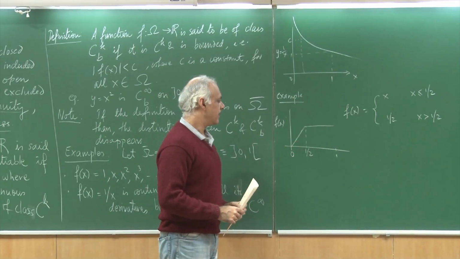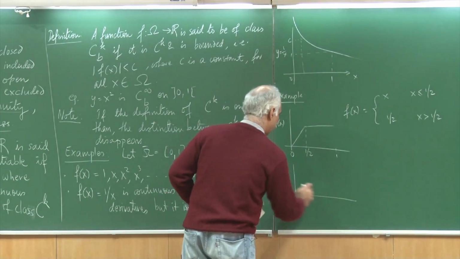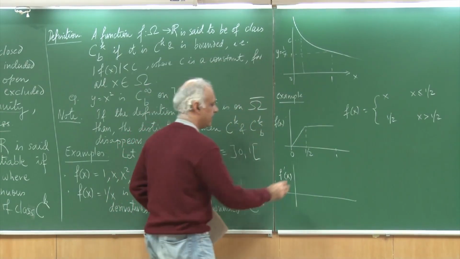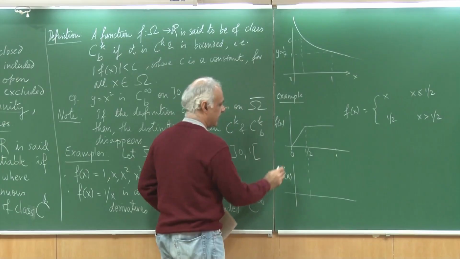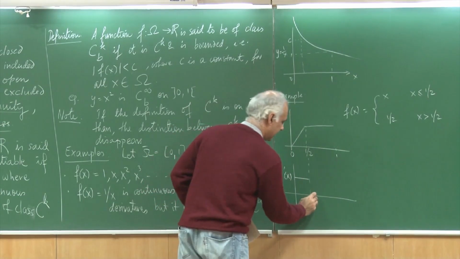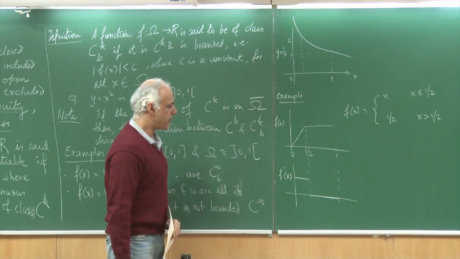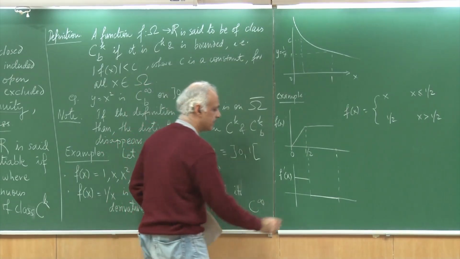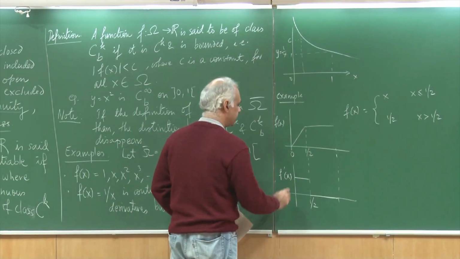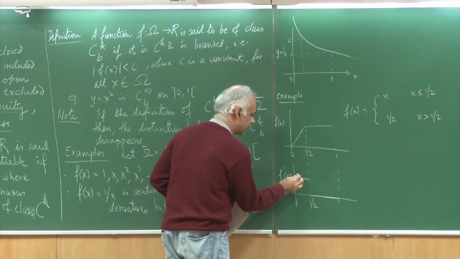Now let's look at f prime x. If I try to draw f prime x, then you will notice that from here to here I have a positive value, and then I have a 0 value in the rest of the domain. So clearly this value is 1 and this value is 0. So let me darken it a little bit.